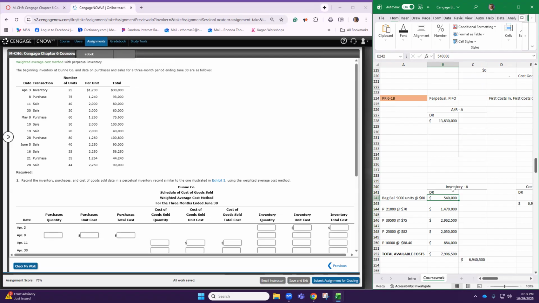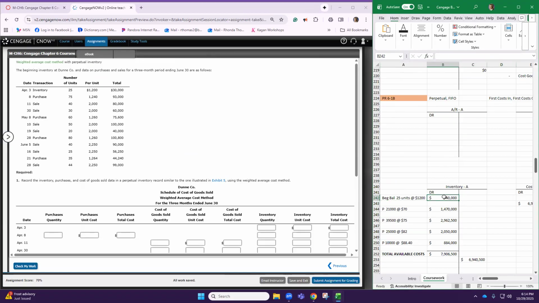Okay, I'm going to show you this. I'm going to take all this out. Okay, and I'm going to show you this based on what we have going on. So we're starting with a beginning balance of 25 units. Okay, 25 units at a cost of $1,200.